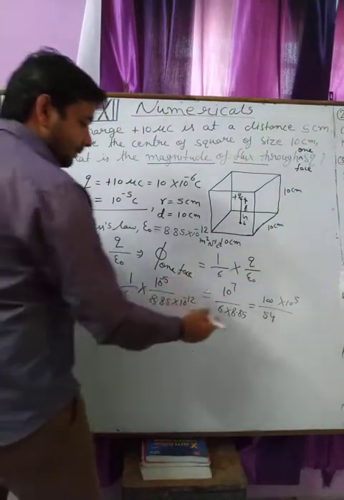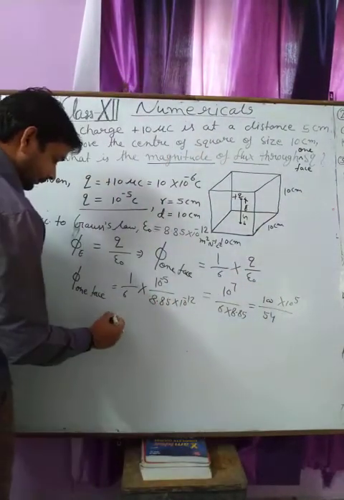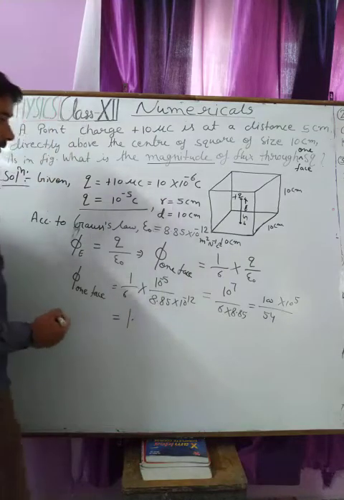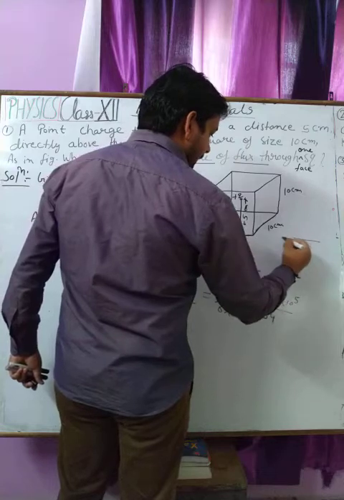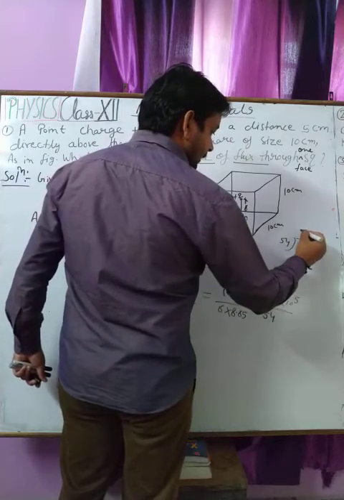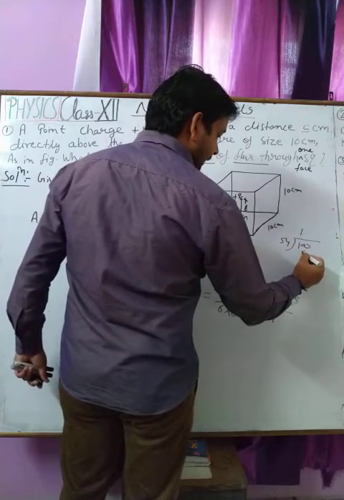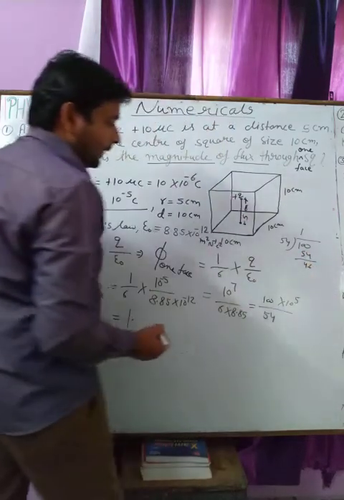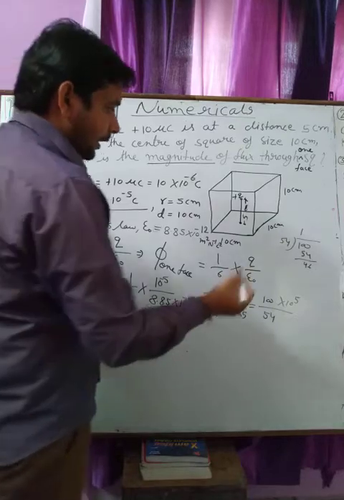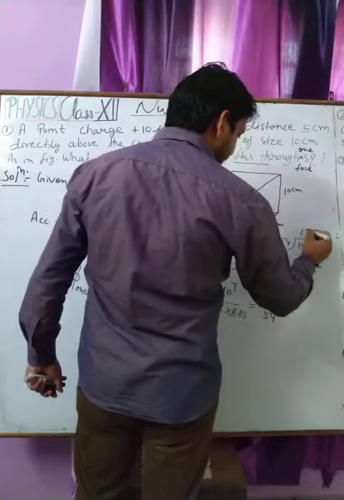on dividing this by 54, we are getting 1 point. Here I am solving it for you. 100 divided by 54: one time it is 54, we find 46, and about 7 times.